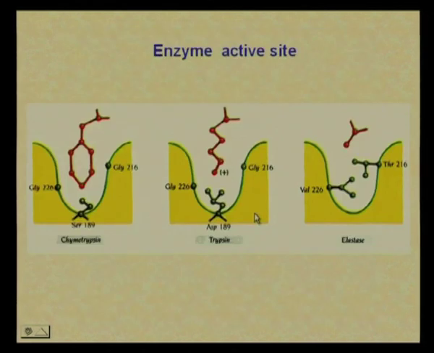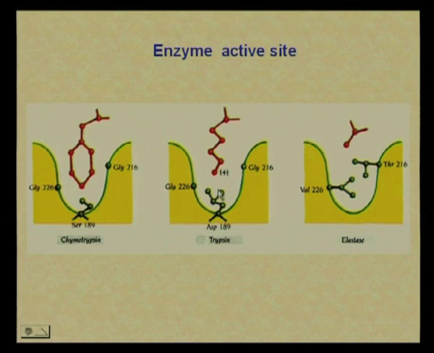Okay. This is what I showed you last time. So, we have a specific serine here that is going to act on an enzyme called chymotrypsin. We will look at the specific mechanism of chymotrypsin and see how the OH of serine actually takes part in this reaction. We have aspartic acid here and a lysine here.